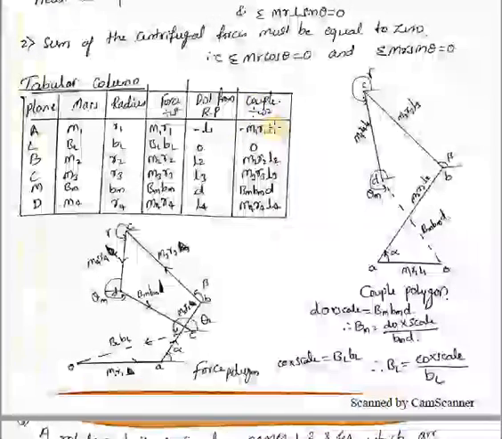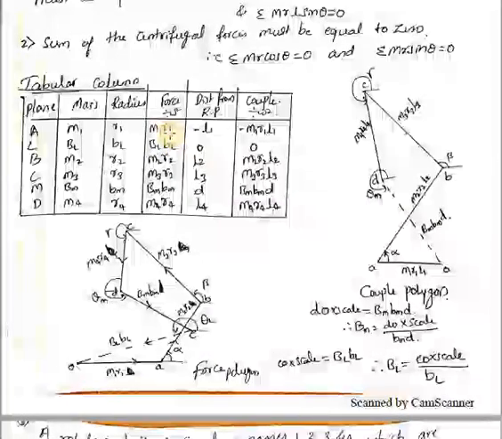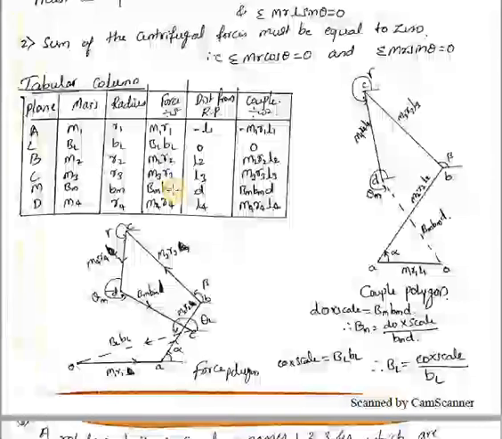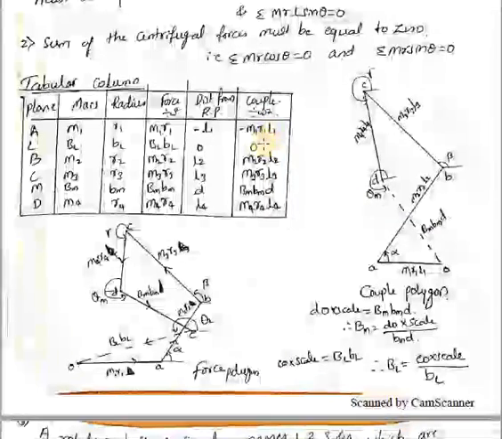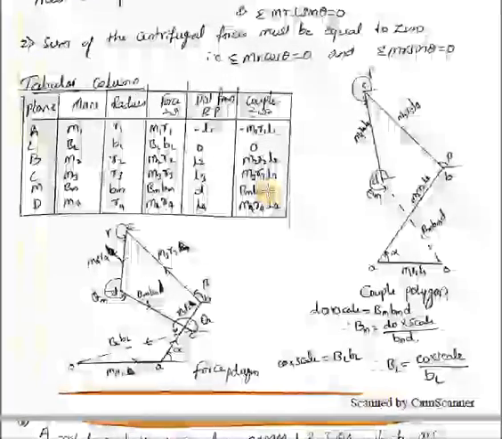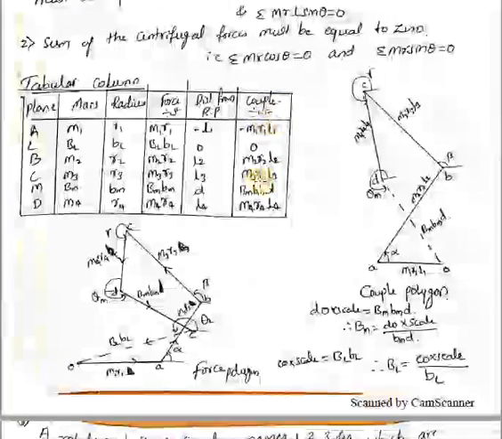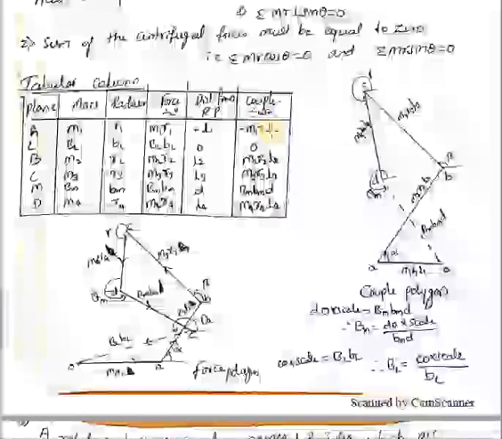So here if I take the force column, M1 R1 he will be giving in the data, BL is unknown and this is unknown. All remaining four things will be known. But in the couple column, this is already 0, so here only one unknown is there. That means first you need to draw the couple polygon. To draw the couple polygon, you have to use the data from the last column, the couple column. So first one is minus M1 R1 into L1.